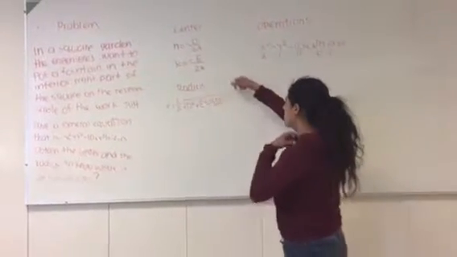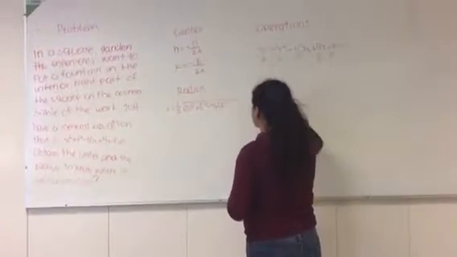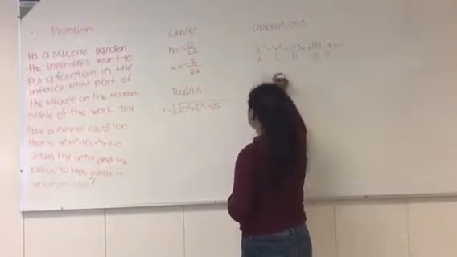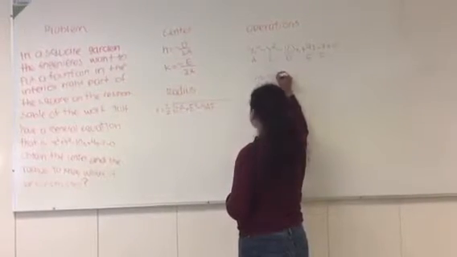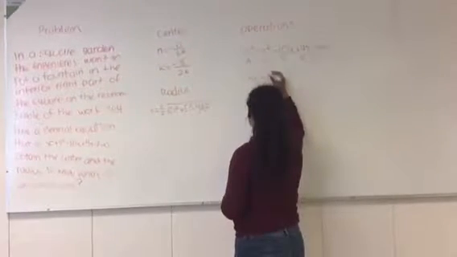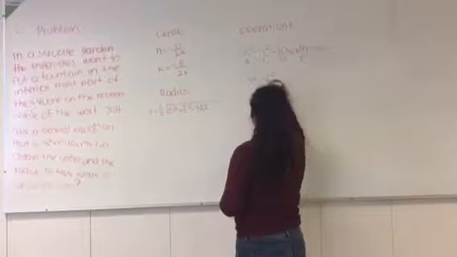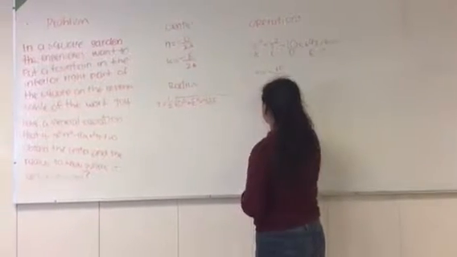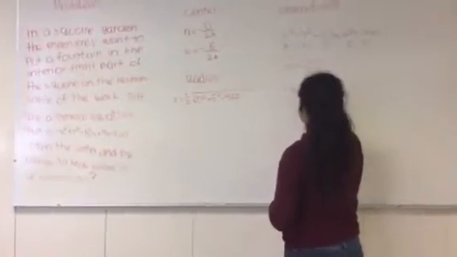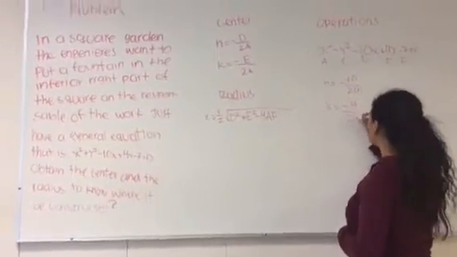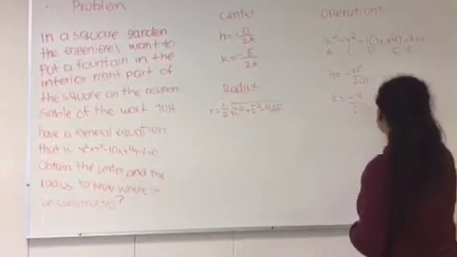So with these formulas, we just have to replace the values. To obtain the center, h is minus D over 2A, that is minus minus 10 over 2 times 1. And k is minus E over 2A, minus 4 over 2 times 1.